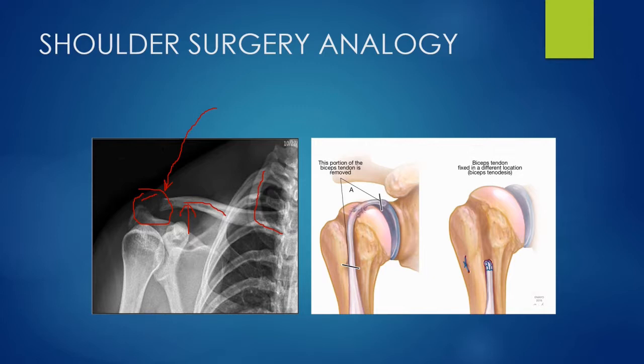Many examinees will undergo a biceps tenodesis where a diseased tendinopathic biceps tendon here, and its attachment at the sensitive and delicate glenoid labrum here, is simply removed, and the biceps tendon is adhered in the intertubercular groove here through some surgical hardware, which places the tendon, the origin of the tendon, at a different location.